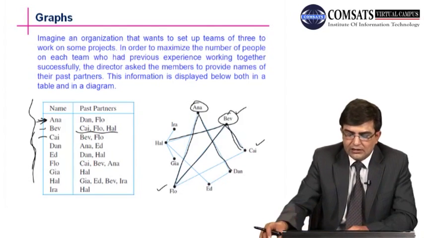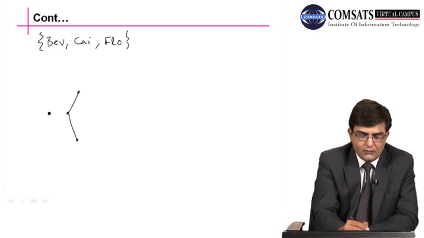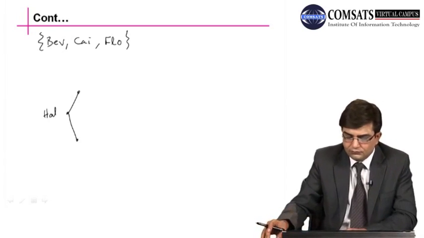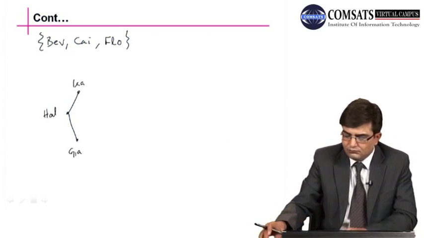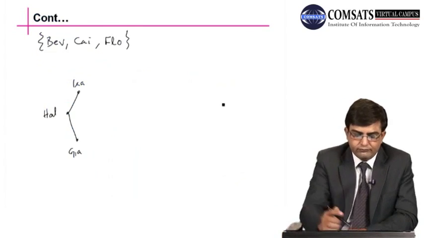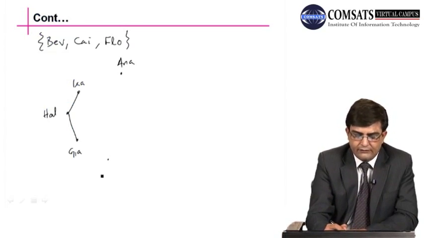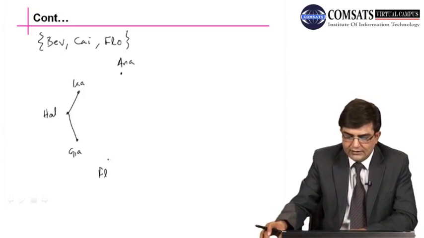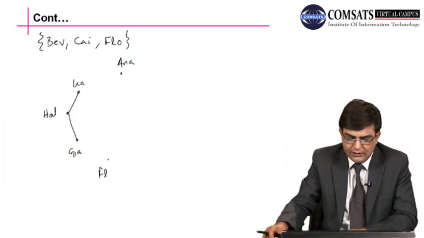Now what are we left with? We are left with this graph. Here we have Hal, Ira, Gia, Anna, and Flu. No, Flu has already been selected, so Flu cannot come here.